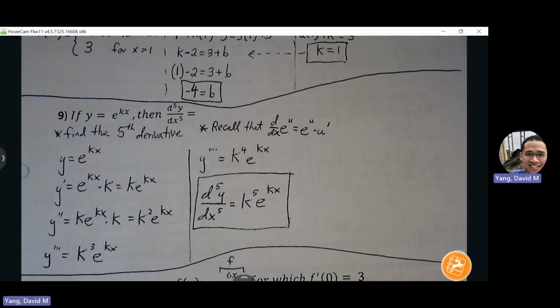Once you get to the fifth derivative, there's going to be 5 k's out front. So k to the fifth, e to the kx.